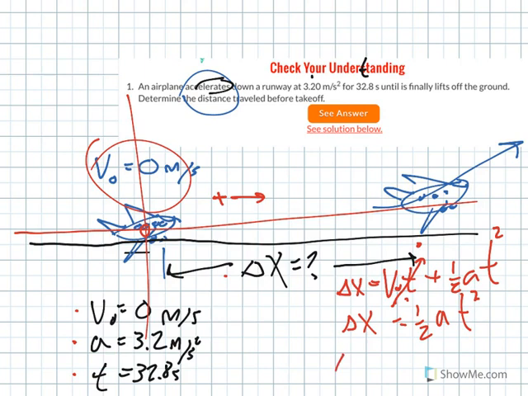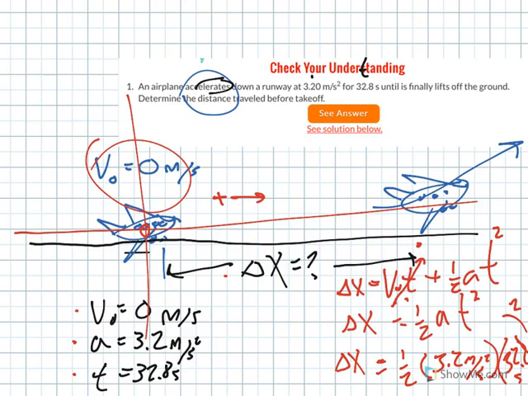So delta x is 1/2 times the acceleration, 3.2 meters per second squared, times the time, 32.8 seconds, squared. And the units here are seconds. So then, let's do the math.